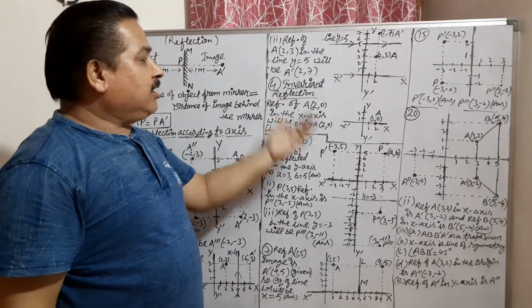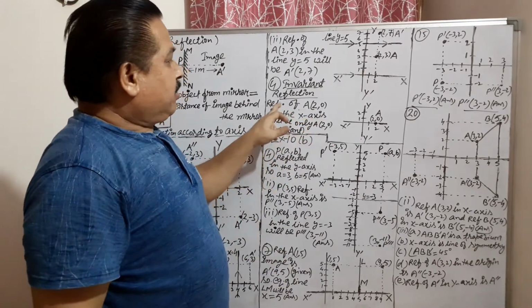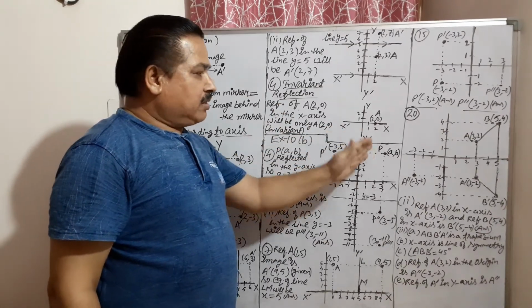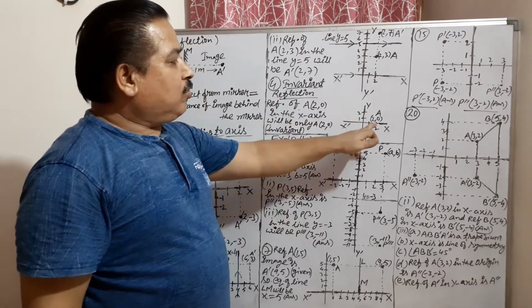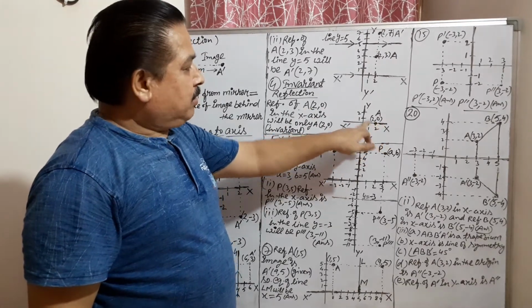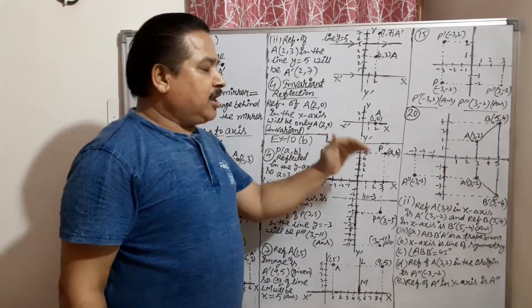Now fourth point: invariant reflection. What is invariant reflection? Here I am taking one example for invariant reflection: (2, 0). (2, 0) will be on the x-axis. Plot this point; it will come on the x-axis. Now we are reflecting in the same axis.